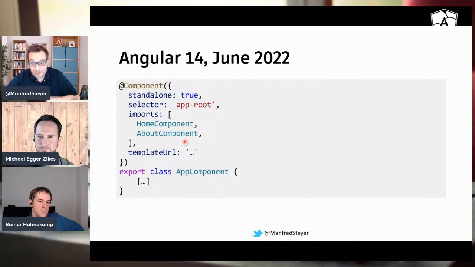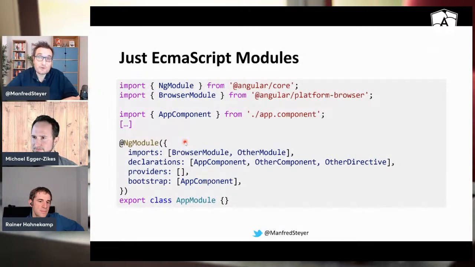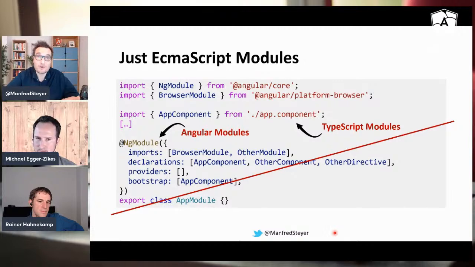But before we look into this, let's have a look at what we gain from going with standalone components. The big gain is that we just need TypeScript modules. We don't need any Angular modules anymore. That means our source code is a bit more direct. There are less indirections in there. Plus, it is easier to reason about.